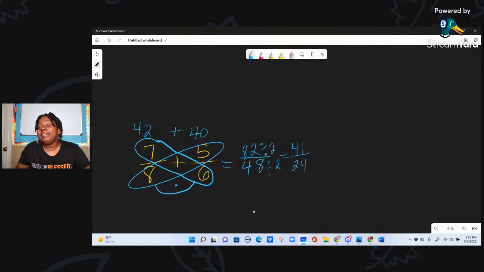Now you could leave it like this. If they didn't say turn it into a mixed number, I know it looks ugly, but you could leave it like this. And then you can put the numerator in the house. How many times does 24 go into 41? 1 time.